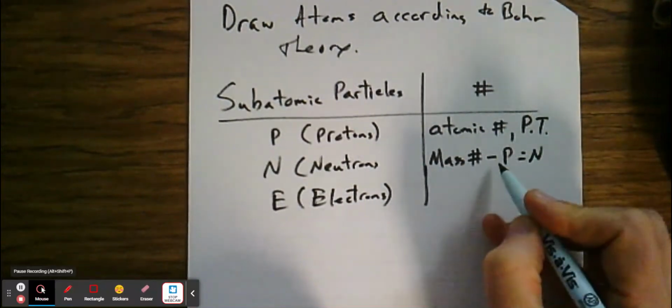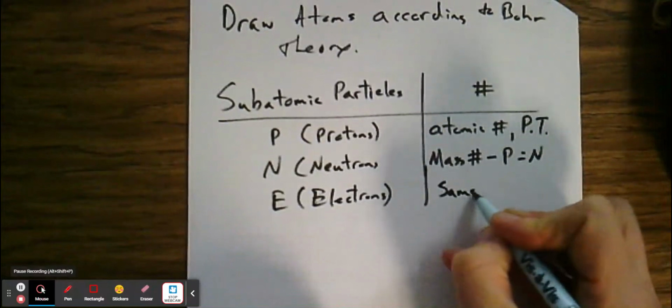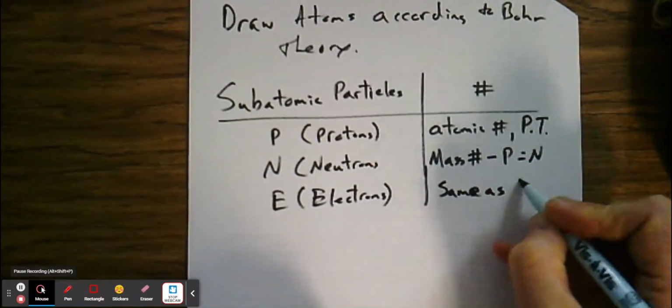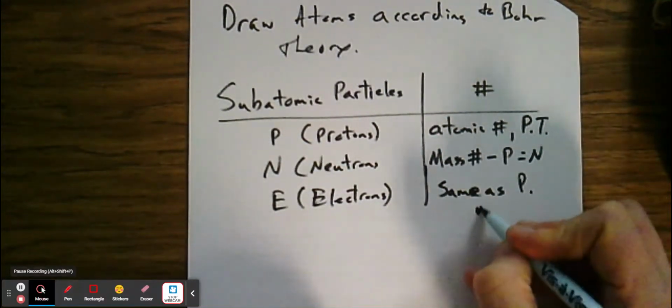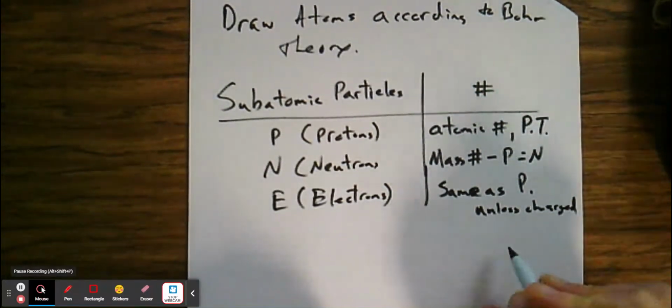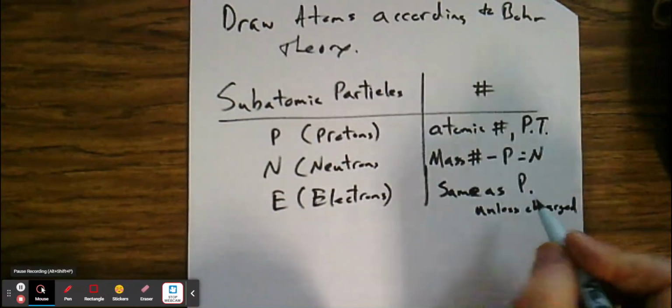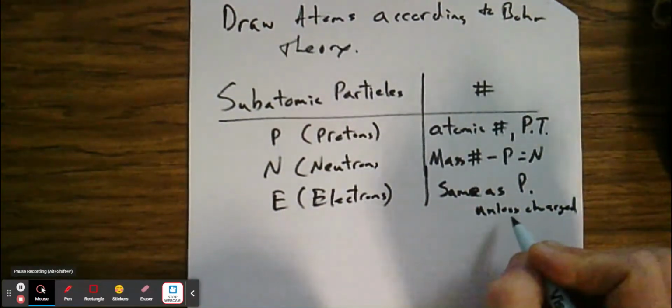The mass number minus protons will give you neutrons, and the electrons are the same as protons, unless charged. All right? So you have an equal amount of electrons as protons, unless you've got a charge.